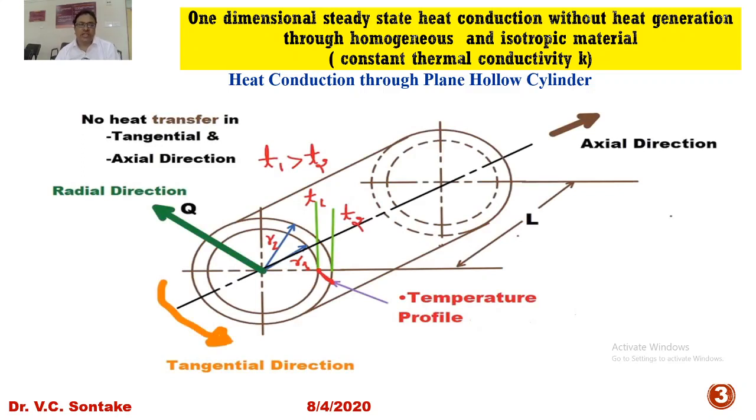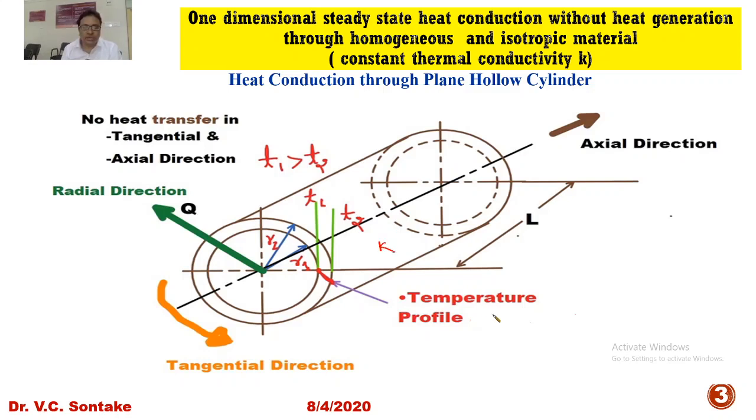Let us say this is one such cylindrical body through which we want to analyze one-dimensional steady-state heat conduction without heat generation, and the material of this cylindrical wall is homogeneous and isotropic, and its thermal conductivity K is constant with respect to temperature.